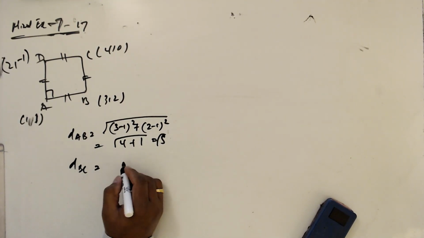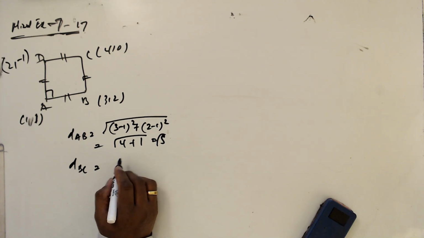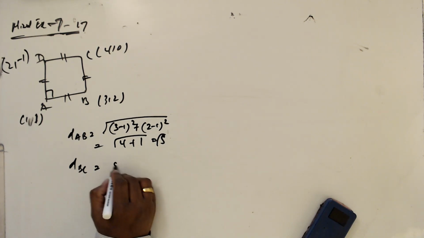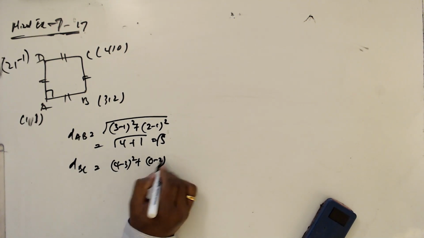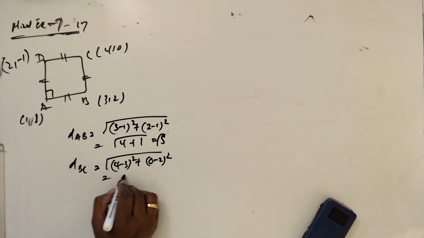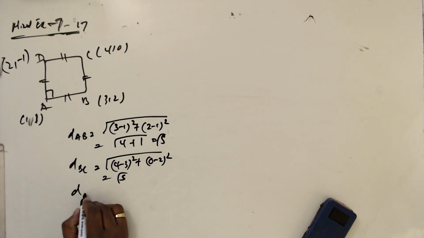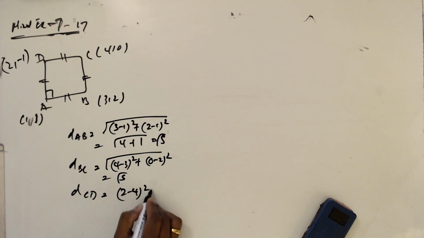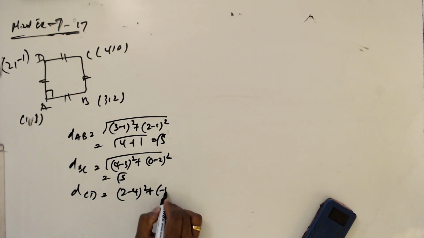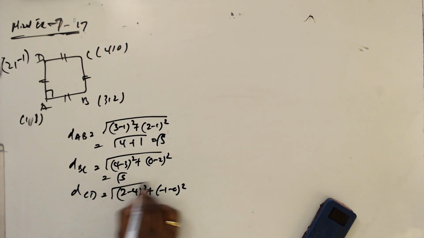DBC equals the square root of (4 minus 3) squared plus (0 minus 2) squared, which is also square root 5. CD equals the square root of (2 minus 4) squared plus (minus 1 minus 0) squared.